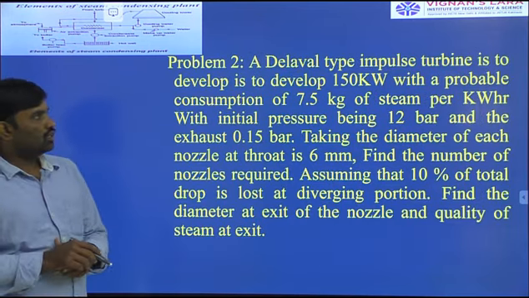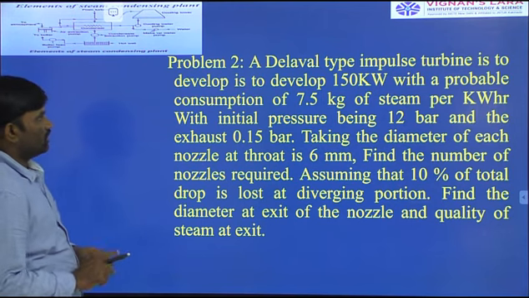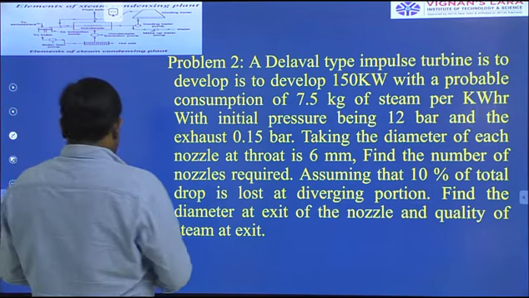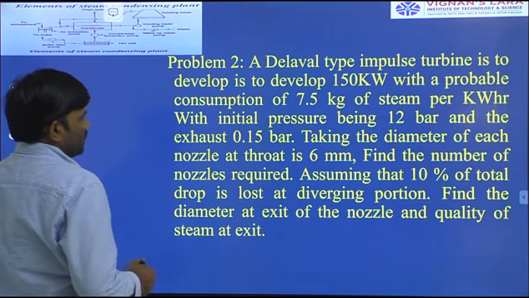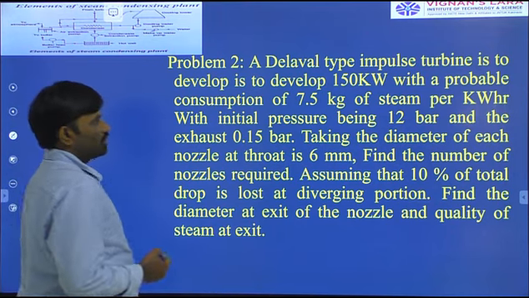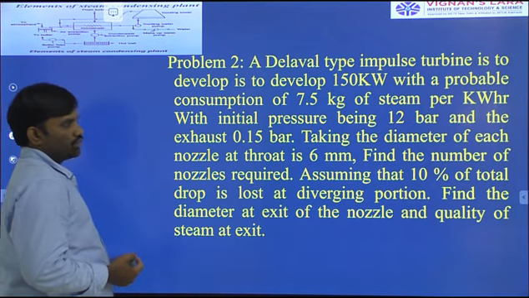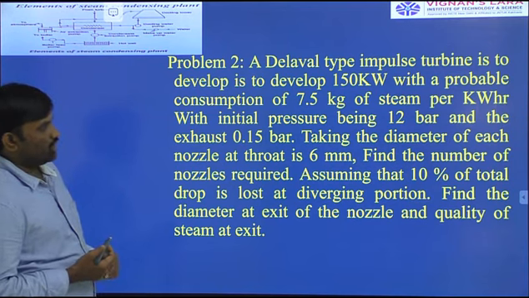A De Laval type of impulse turbine is to develop 150 kilowatt with a probable consumption of 7.5 kilogram of steam per kilowatt hour, with initial pressure being 12 bar and the exhaust pressure 0.15 bar.